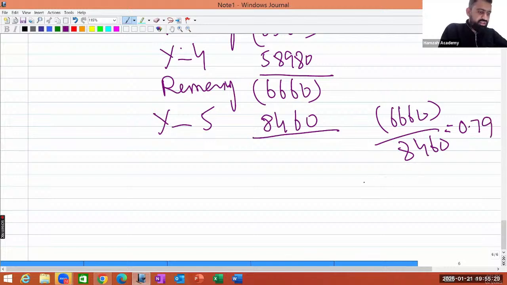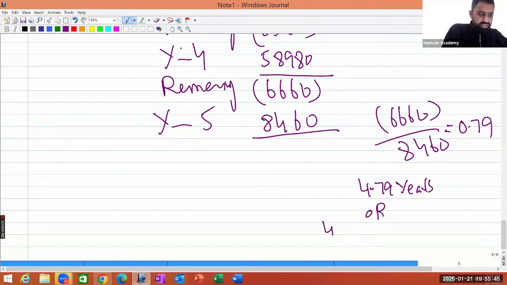So we can say the payback period is 4.79 years, or alternatively you can say 4 years and 9 months.